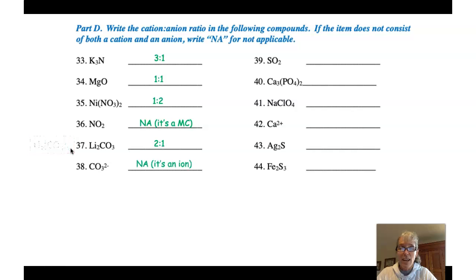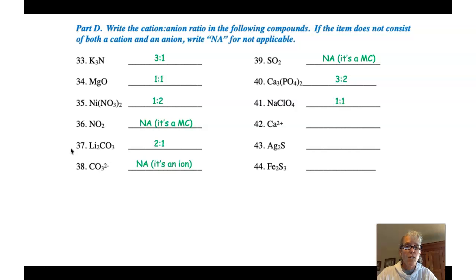Okay, the next one is an NA because that's just an ion, it's not an ionic compound. 39 is also NA, as sulfur and oxygen are nonmetals, so that makes it a molecular compound. It's made of atoms, not ions. 40, now we see with those parentheses, this is easy. It's a 3:2 ratio. 41 is a little bit trickier. Hopefully you see those invisible parentheses.